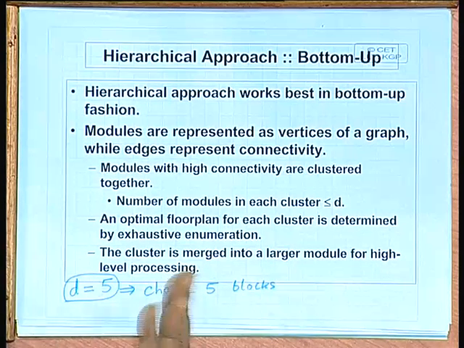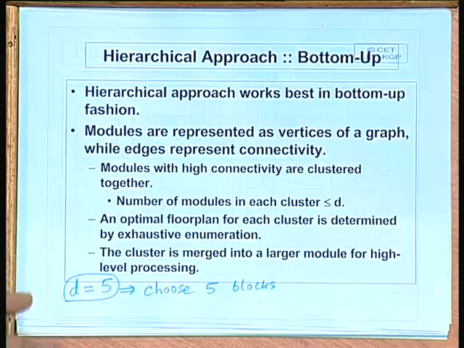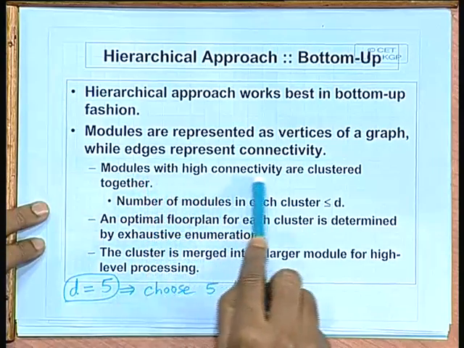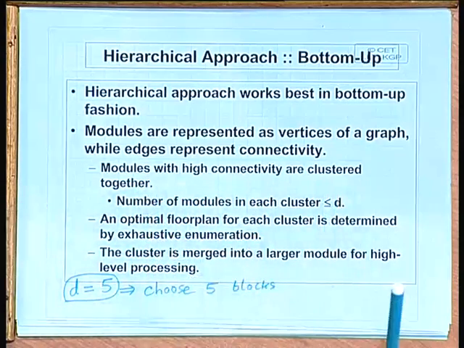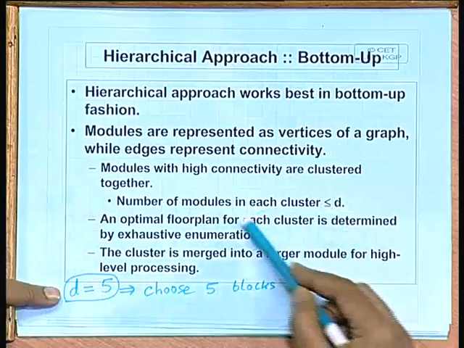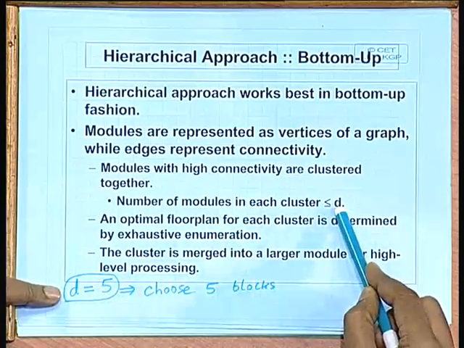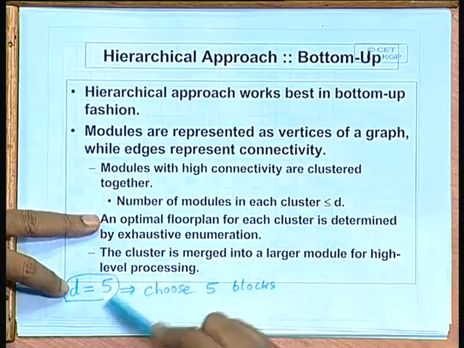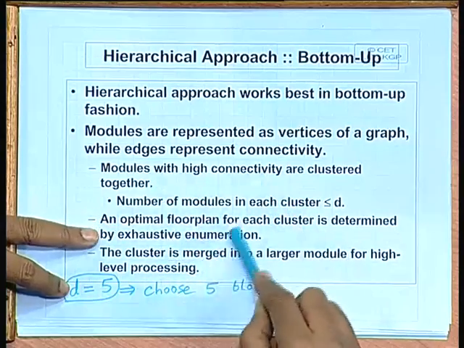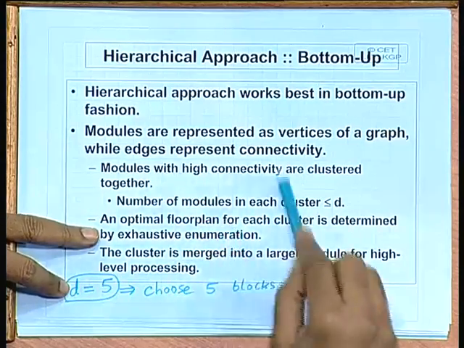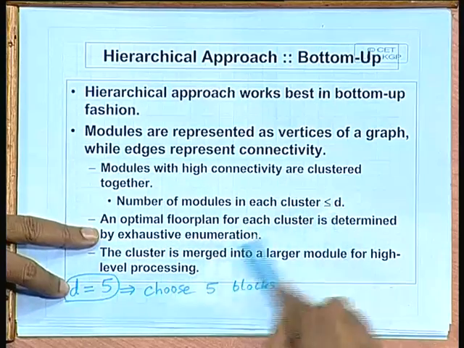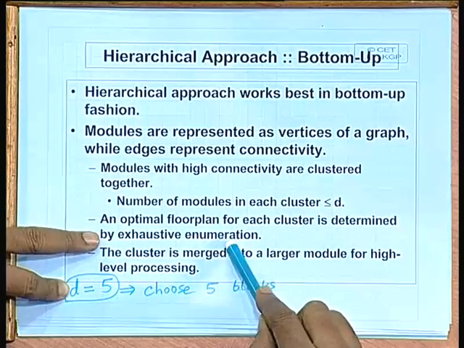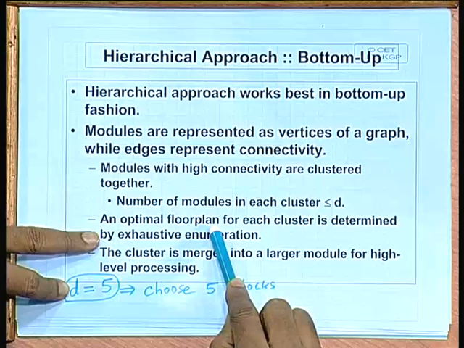This you can easily find out by analyzing the graph. So, the modules with high connectivity you try to cluster together. Of course, the restriction is that the number of modules in a cluster should not exceed D. Then, as I mentioned, you exhaustively search all possible floor plans among those D blocks and try to find the best, the optimal floor plan.